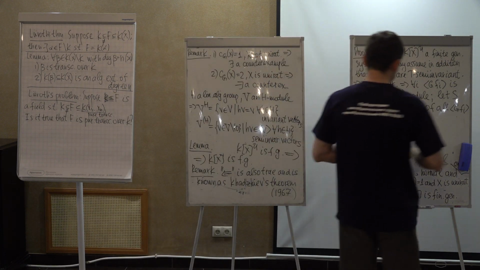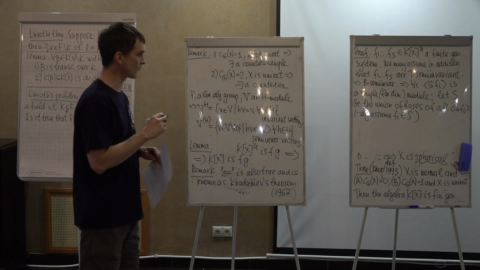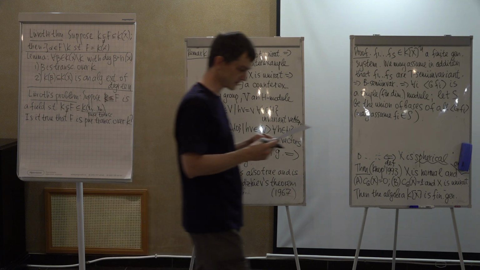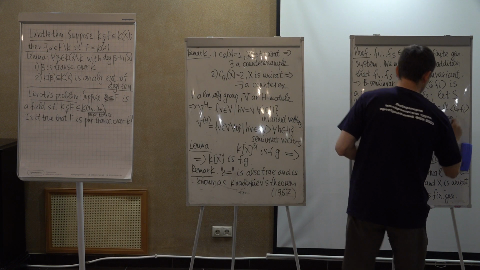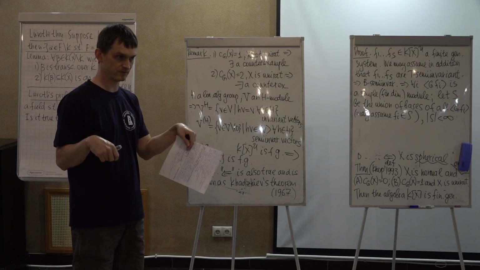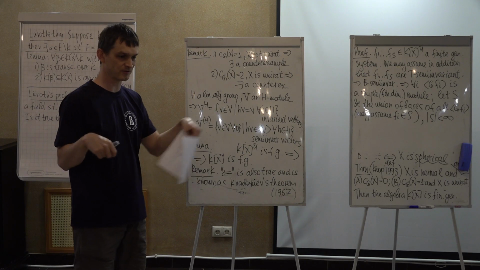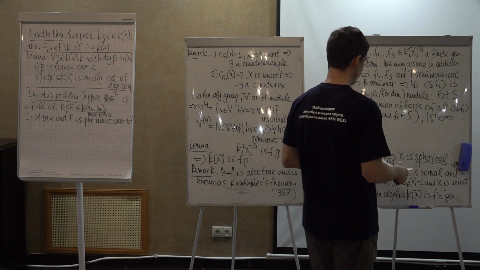And let's generate a subalgebra by this set S. Let's mention that this is a finite set. So we have a finite collection of finite dimensional G modules, and in each of them we choose a basis. And then we take the union of these vectors.